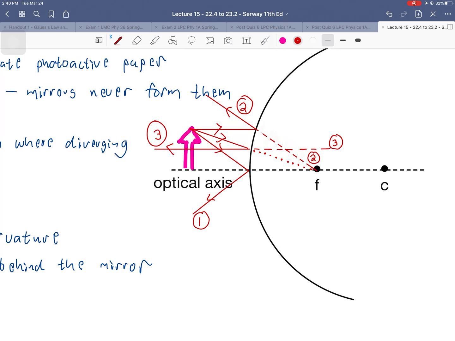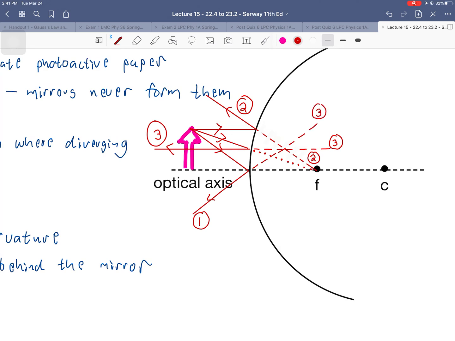What does that tell us? That tells us that there must be something where they converge. Even if they're converging behind a wall, our brain still says, well, there's an object there. Okay, or there's an image of an object. So likewise, we'll take a continuation of principal ray 1, and we'll bring that back into the figure as well as a dashed line.